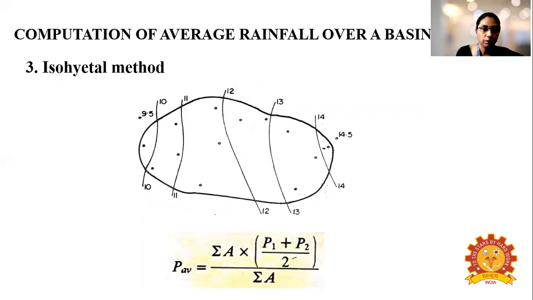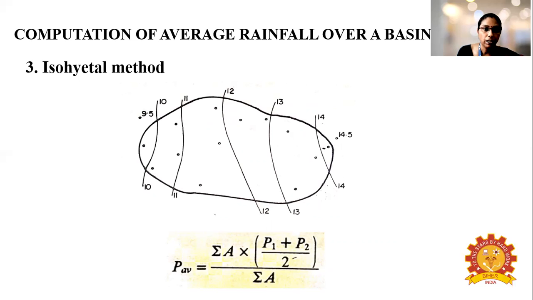So in this diagram, you can see various contour lines, having the precipitation amount starting from 10, 11, 12. So the line joins points or places where you have the same rainfall amount. That is, contour line 10 means the amount of precipitation is 10 in all the places.